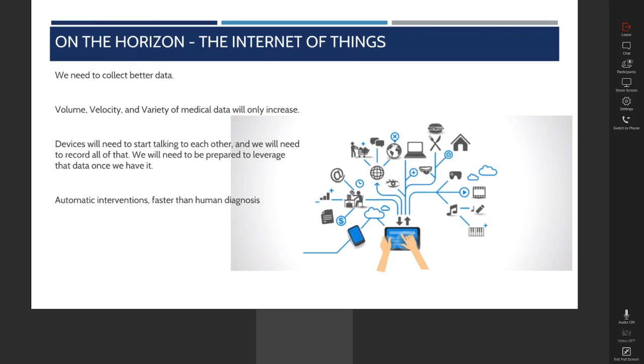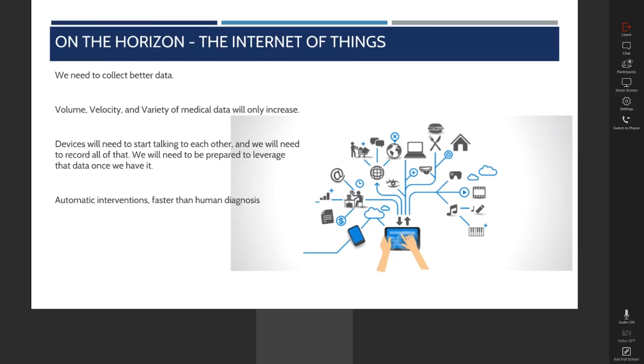But the key difference is going to be that once these machines start talking to each other and we start being able to run real-time analyses on the data as it's coming in, that's when things are going to change. The algorithms might be able to spot a problem long before any human can and sound an alarm or even intervene on its own.